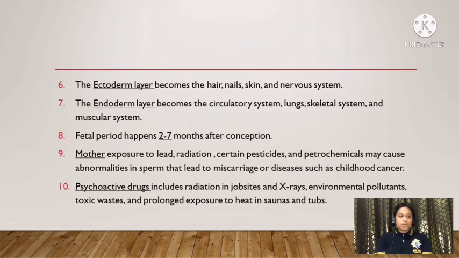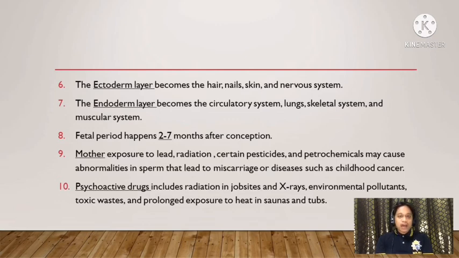Let's proceed to item number 6. The ectoderm layer becomes the hair, nails, skin, and nervous system. I repeat, the ectoderm layer becomes the hair, nails, skin, and the nervous system. The underlined word there is ectoderm layer.